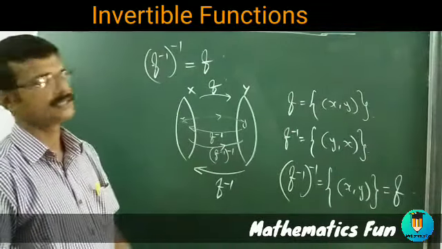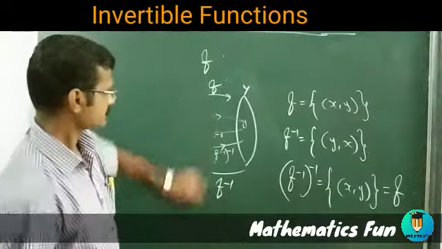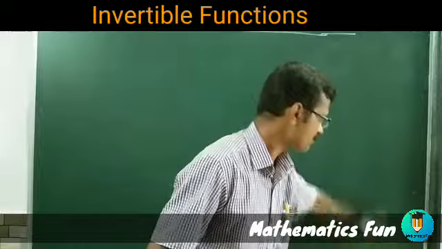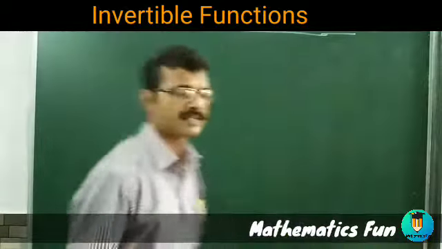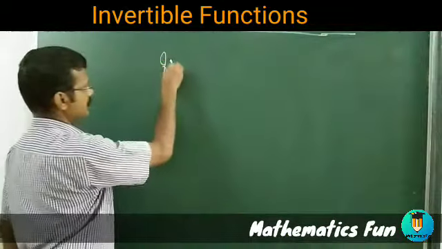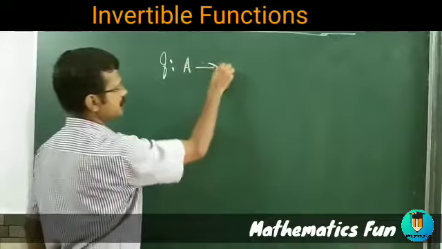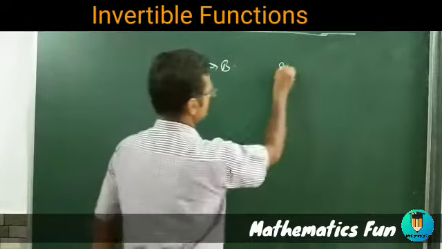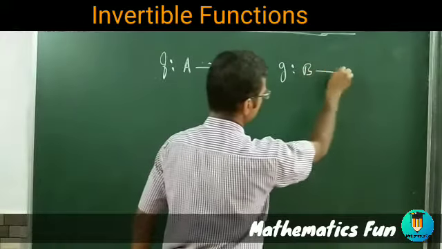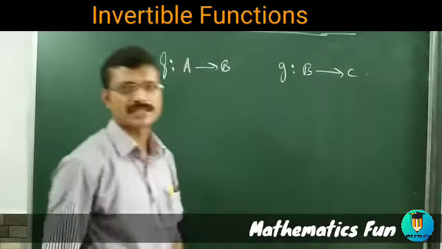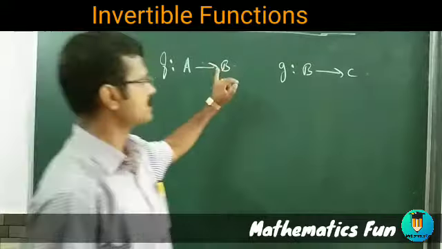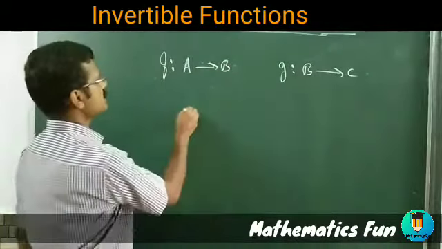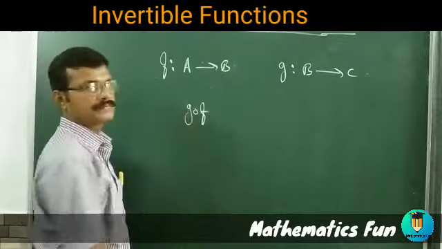Now one more result. You have to know it. That is a result related to the composition. Suppose a function f from a to b is 1-1 and onto, that is bijective, and g from b to c is also bijective. There is a composition, we know g of f.